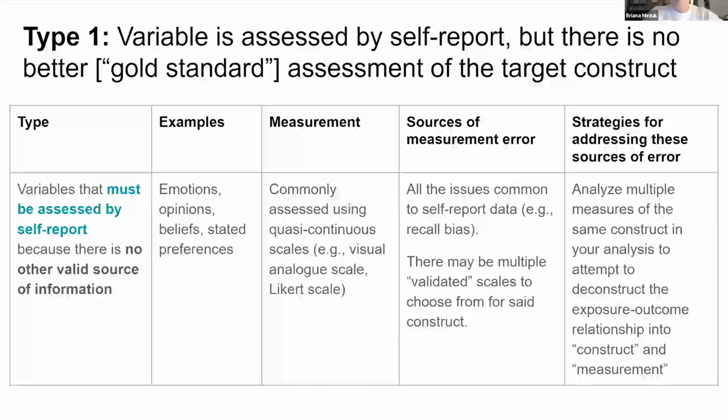For example, we've done work in the Health and Retirement Study using this exact approach. The Health and Retirement Study includes two measures of depression: the 8-item CESD, and the short form Composite International Diagnostic Interview for depression. So these are, again, both depression scales.